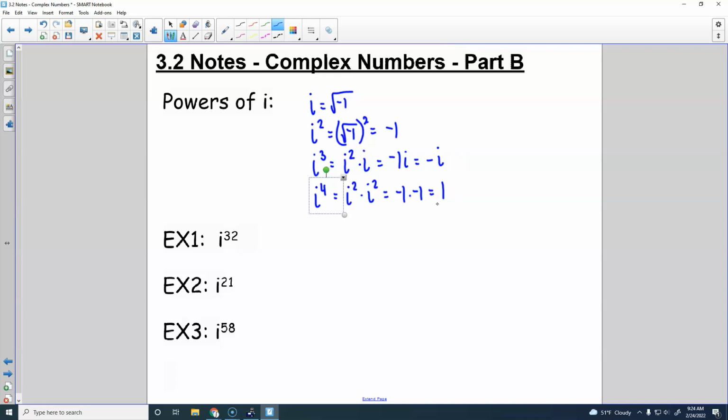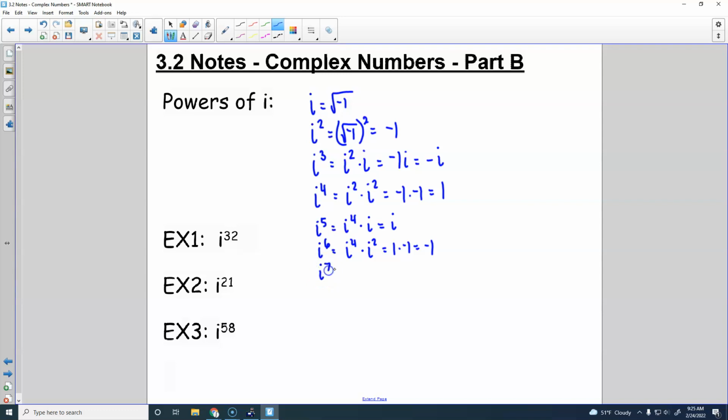And so if we kept going, i to the fifth, I could break it down into i to the fourth times i. So I would just get, i to the fourth is 1, and I would just get i. If I did i to the sixth, I could still use i to the fourth, and then I could do an i squared. So i to the fourth is just 1, i squared is negative 1, I'd get negative 1.